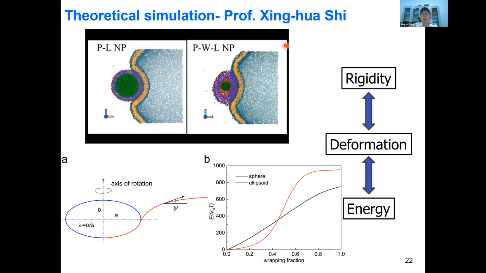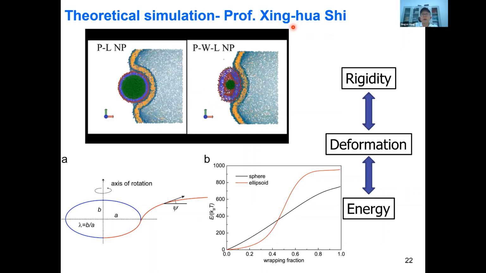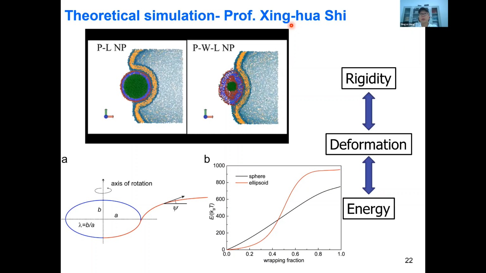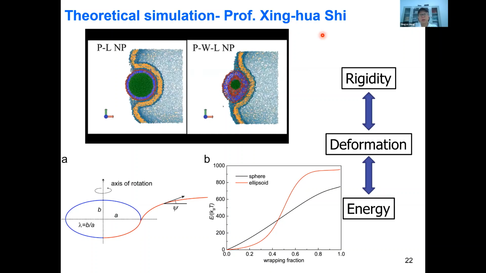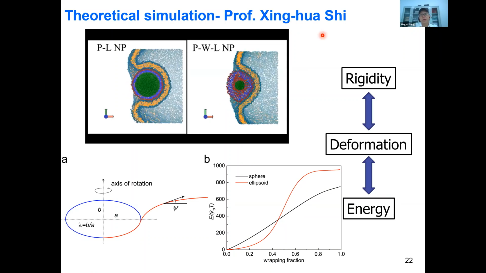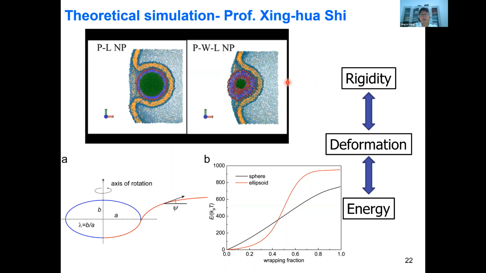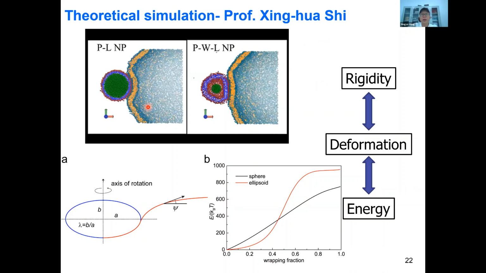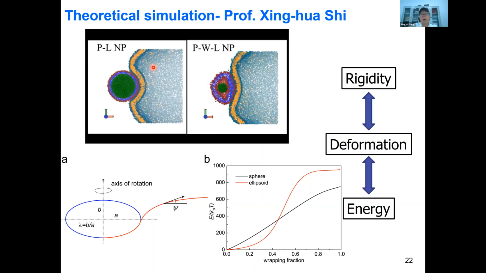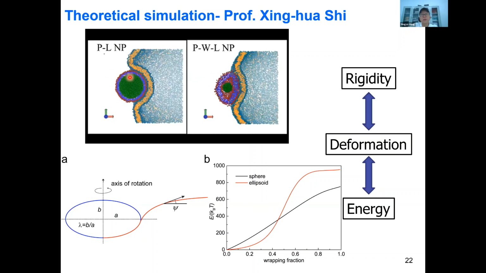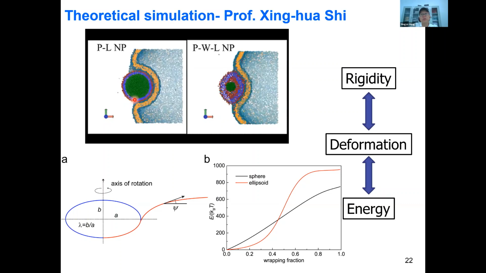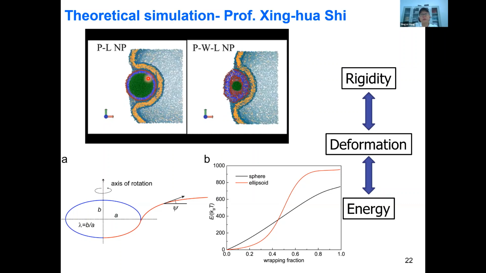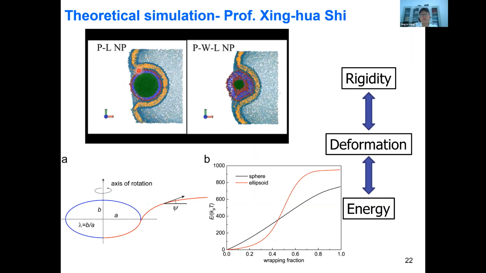Here we collaborated with Dr. Xinghua Shi, who at the time was at the Institute of Mechanics, but now he's at the National Center for Science and Technology. He ran a simulation because it's impossible to look at this directly. These nanoparticles are less than 100 nanometers. It's very difficult to resolve them under the optical microscope, let alone look at their shape changes.